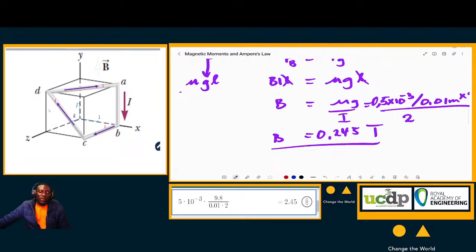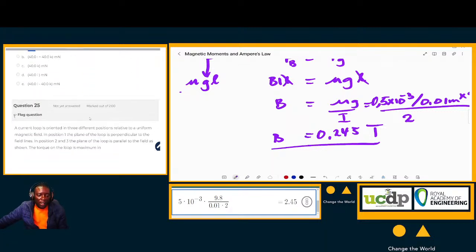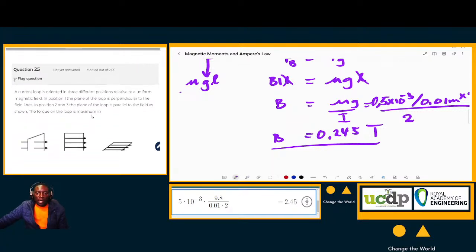Then the other component of the CD segment is along the Y, so it doesn't have any effect. It's not affected by the field, and hence it will not have a force. So those two components, the one that goes along the X from C, is cancelled by the one that goes along the X from D to A. So overall, the effects will cancel out. No need to calculate then.